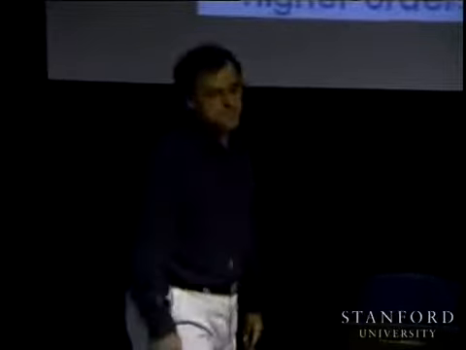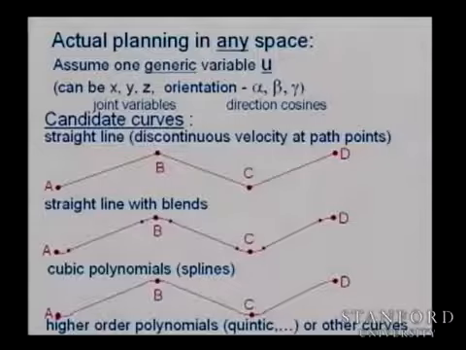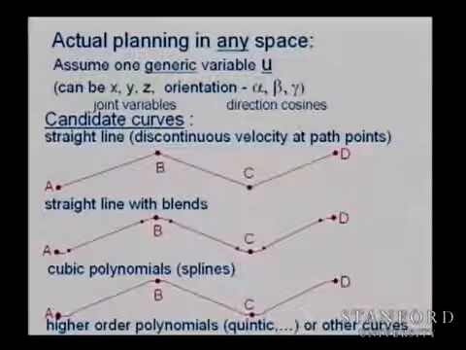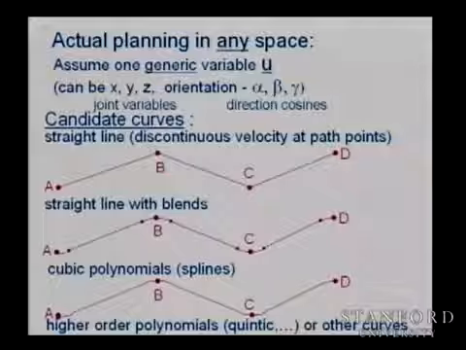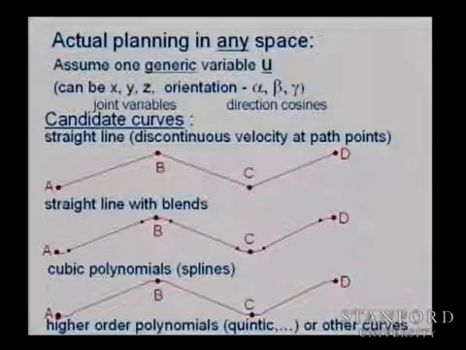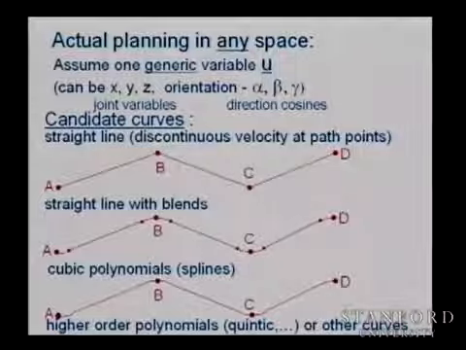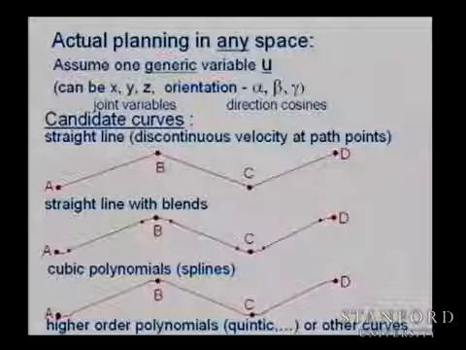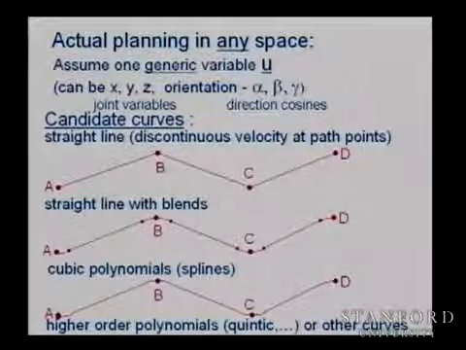And then finally, if you have a lot of constraints that you want to satisfy along the way, you might want to use higher order polynomials, like quintics or septics or whatever. In the cubic polynomial case, as we'll see in a moment, we have 4 parameters, so you're limited on how many constraints you can satisfy.